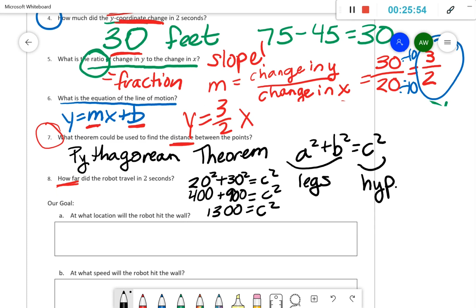And the answer is most definitely not. 1300 is way too big. So we want to make sure we remember our last step, the one that everyone forgets. We take the square root of both sides to get rid of this square. And that gives us c is equal to 36.1. So we get 36.1 feet as how far we went between point A and point B.